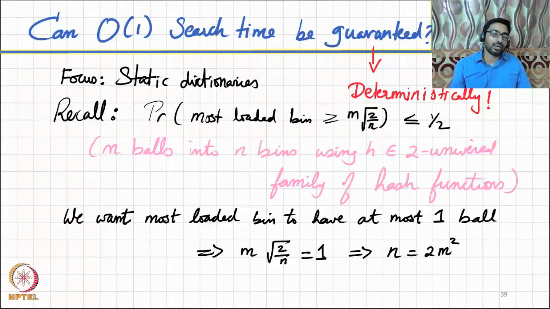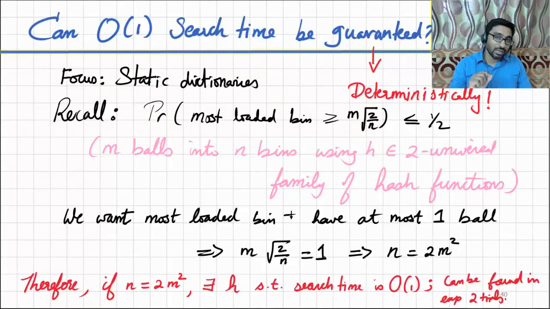Suppose we pick a hash function h drawn uniformly at random from this family of hash functions, and we hash each item in the dictionary to its location using this hash function. With probability at least a half, we're going to get no collisions at all. Which means that if we tried to construct such a static dictionary, with probability half, we will succeed in getting a perfect hashing, wherein the search time is at most O of 1.